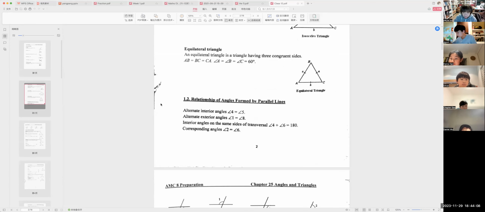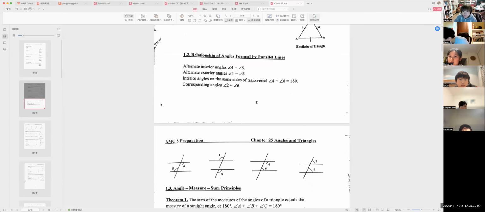Okay, so let's take a look at the relationship of angles formed by parallel lines, okay? Alternate interior angles, for instance, 4 and 5 are equal to each other.